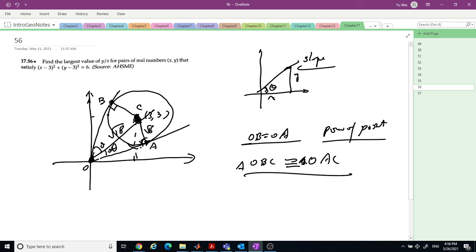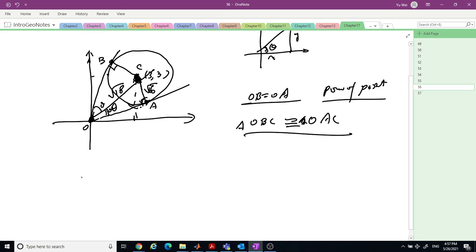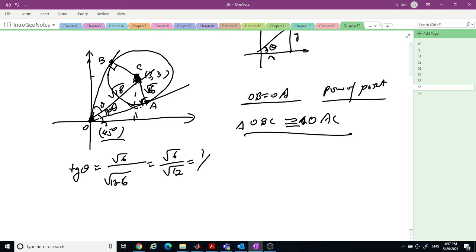This is root 6. Now we can calculate theta, right? And this one is 45 degrees. So we can calculate tangent theta, which will be equal to root 6 over root 18 minus 6, which is root 6 over root 12, which is 1 over root 2.